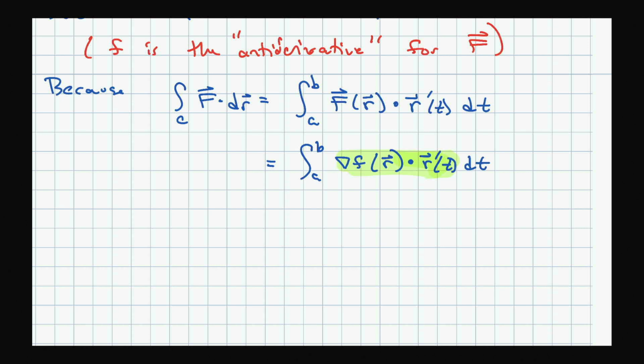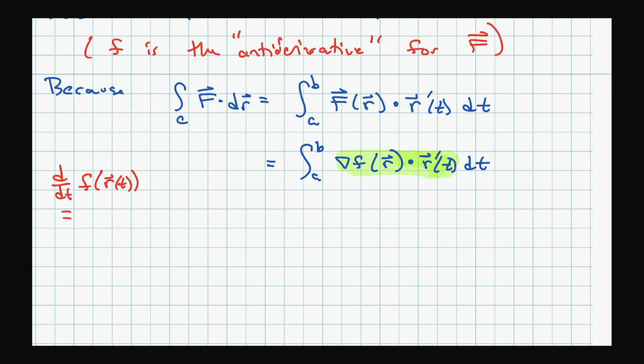Because if you do the derivative with respect to t of f of r of t, you have to take the derivative of the outside.